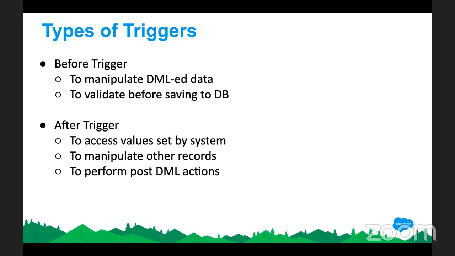That can be accessed only by the after trigger if it is an insert. To manipulate other records, if you have to do some processes with the related records, and even unrelated records, we should go with the after trigger. For the same record, go with the before trigger. For the related or unrelated other records, go with the after trigger.